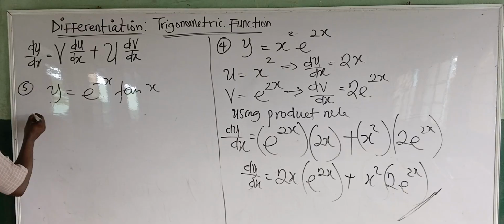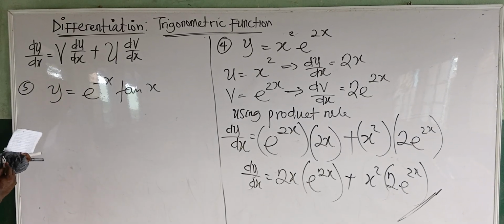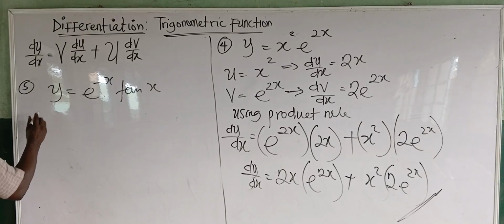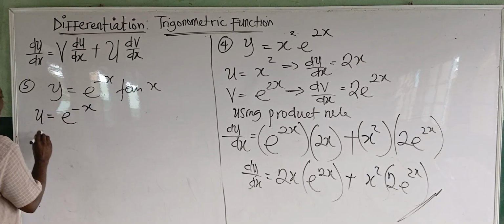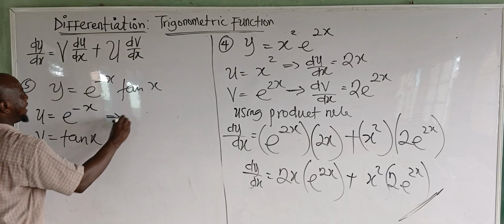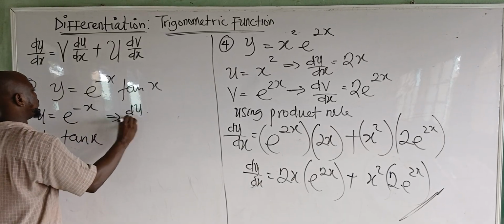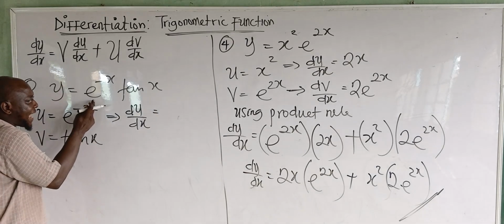Now, what do we know now? First off, we say let our u be what? e raised to the power of this. And then what is my v? It's tan x. It's simple as this. So here I'm having my du over my dx. What do I know? Please, this one is x raised to the power of 1 here.